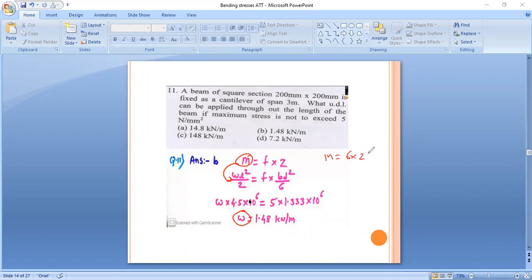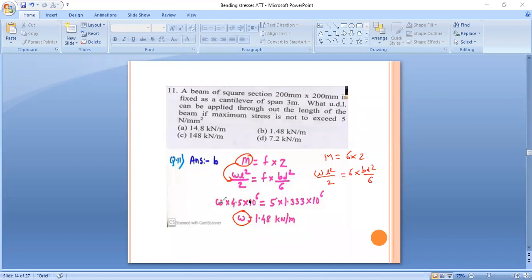which is equal to sigma into Z. So we have to find the moment if UDL is applied and the beam is a cantilever beam. So moment is WL square upon 2, which is equal to sigma into section modulus, BD square upon 6.